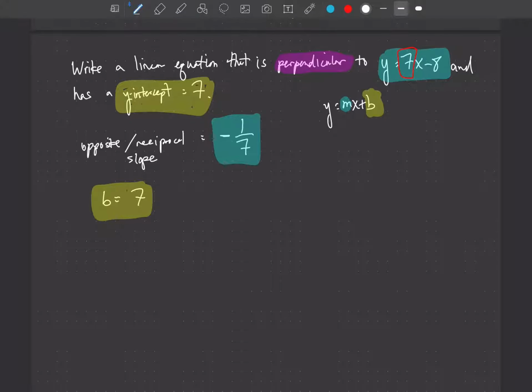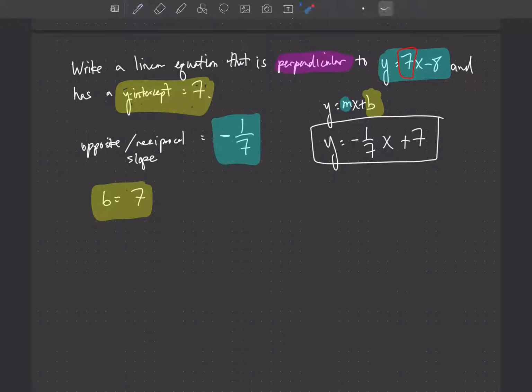Y equals negative 1 over 7x plus 7. If I compare it to my original line, the slopes are opposite signs and a reciprocal, which makes them perpendicular to each other.